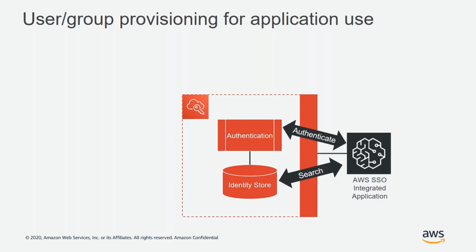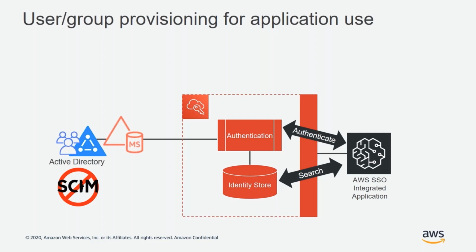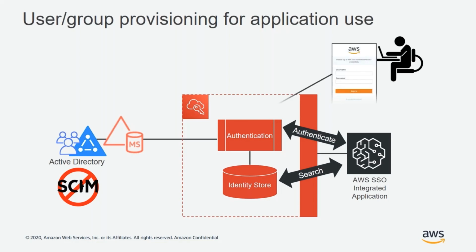A moment ago, I explained that when you assign access for Active Directory users, AWS SSO reads the users from AD directly. If applications read the users from the AWS SSO Identity Store, how do they find the AD users? AD doesn't have a SCIM interface to synchronize users. So as a first step to make that possible, AWS SSO implements just-in-time provisioning for Active Directory.